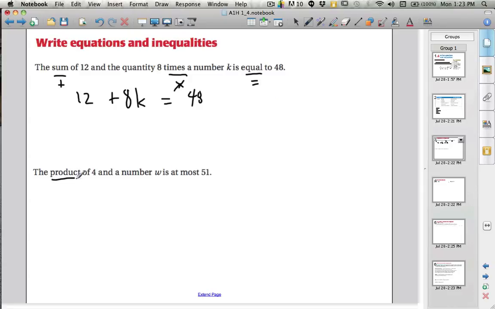The product, which would be multiplication, of 4 and a number w is at most 51, so it could be 51 or less, so it's going to be less than or equal to 51. So we'll have 4w is less than or equal to 51.